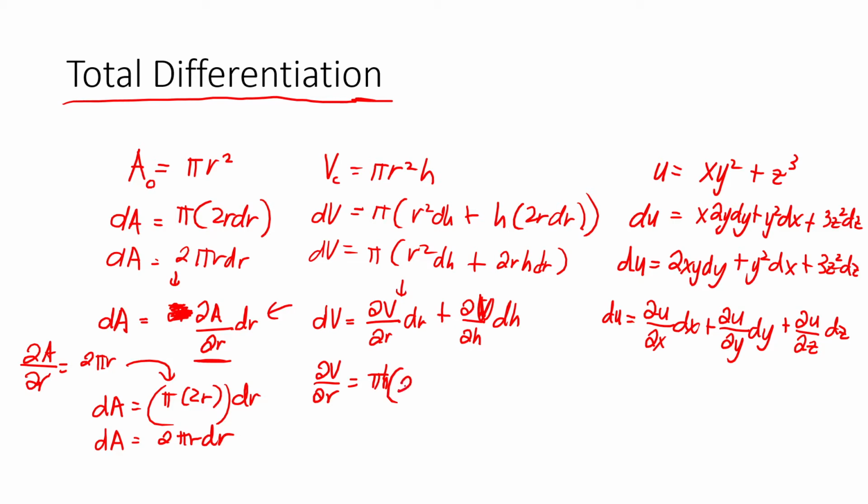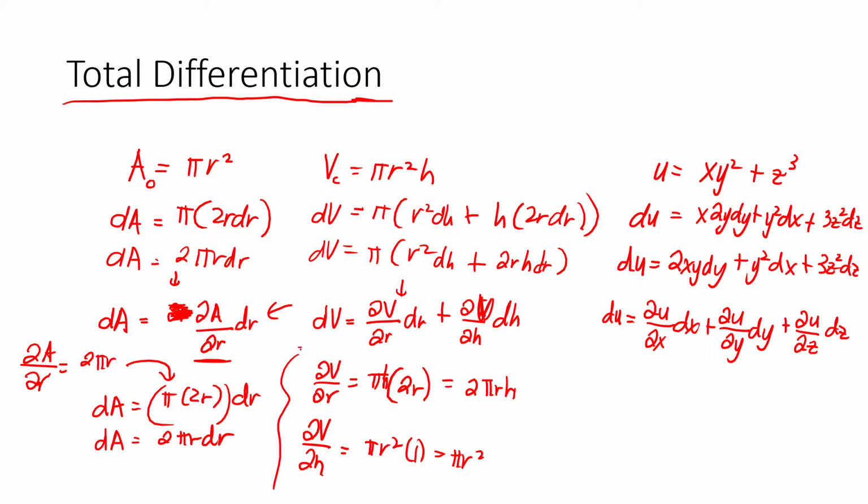Pi h times 2r. Okay? So, it will be equal to 2 pi rh. What about partial of V with respect to h? That will be pi r squared times 1, or just pi r squared.